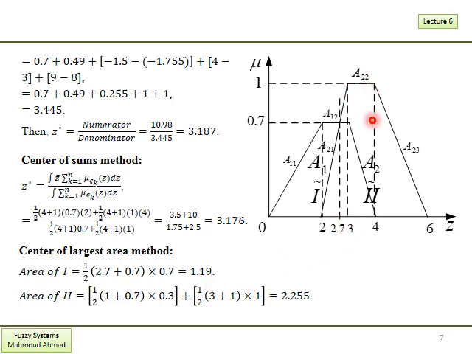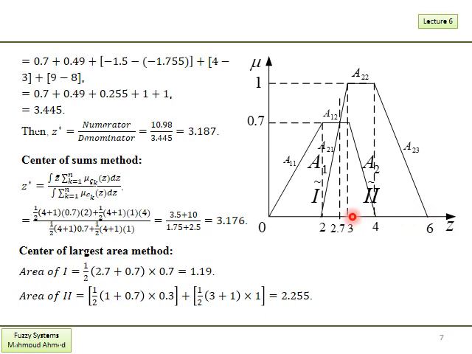For the second area, which begins from this dashed line, we calculate the area such that we represent this small area here as a trapezoid and add it to the trapezoid next to it.